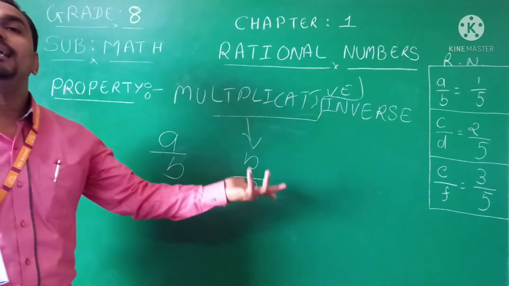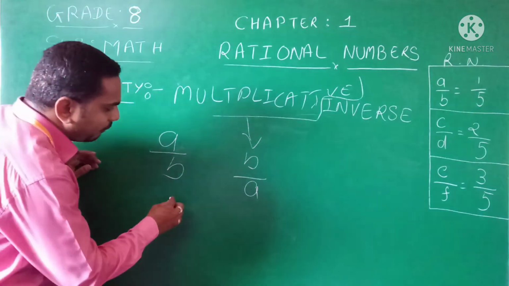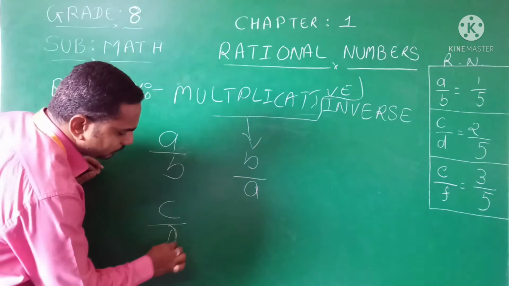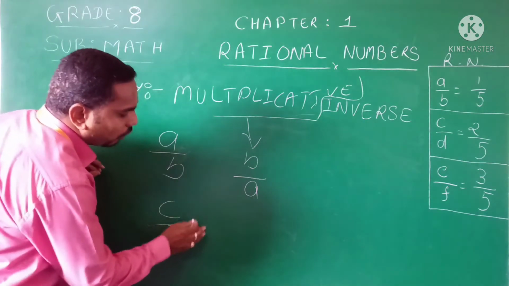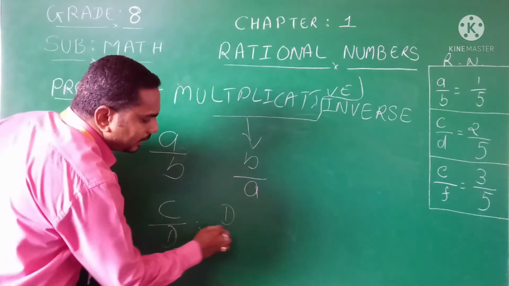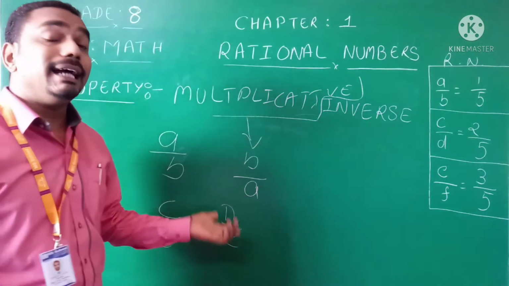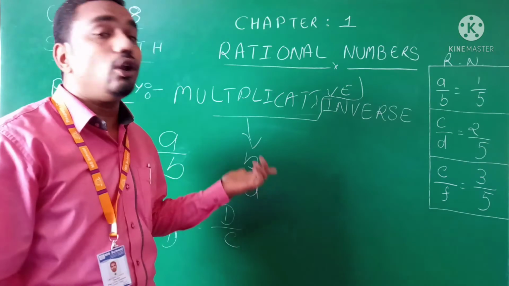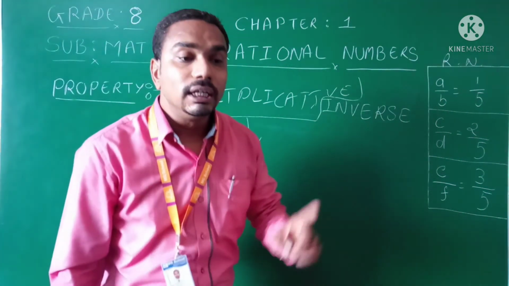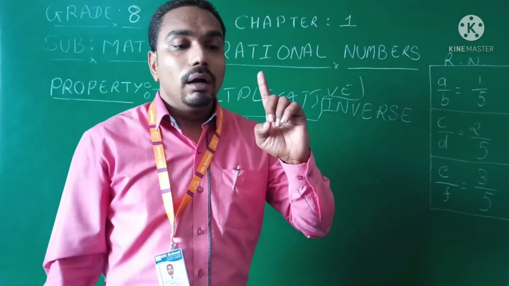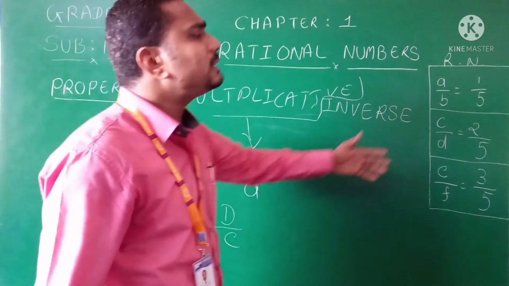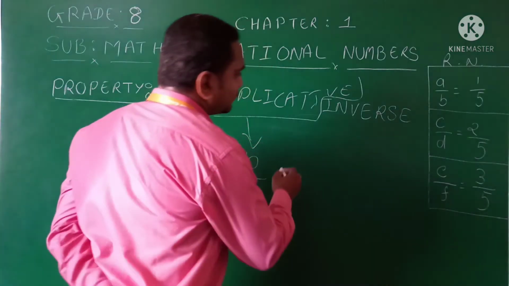This is the multiplicative inverse. If I have another example, c upon d, for the multiplicative inverse I will write d upon c. See guys, here the sign will not change. The sign only changes in additive inverse. Now let's take an example for this one, that is a upon b.